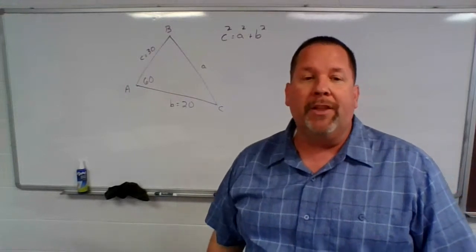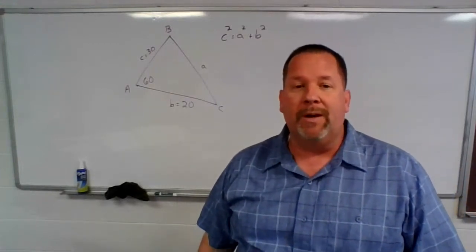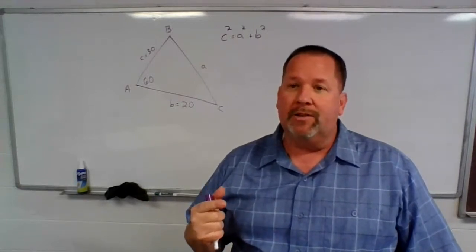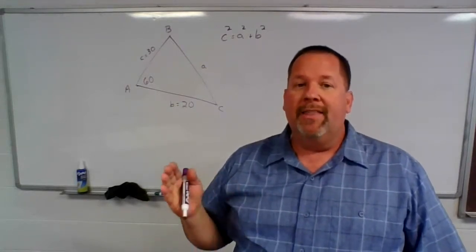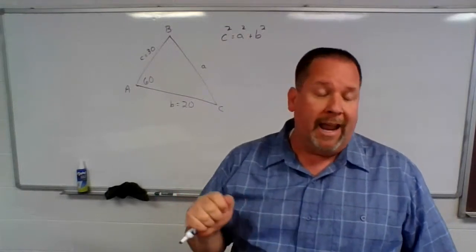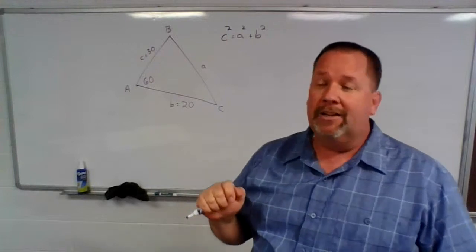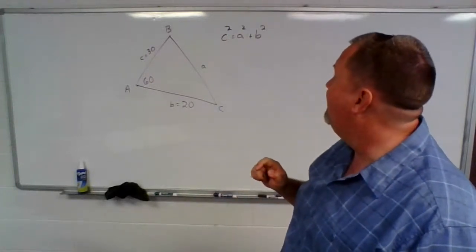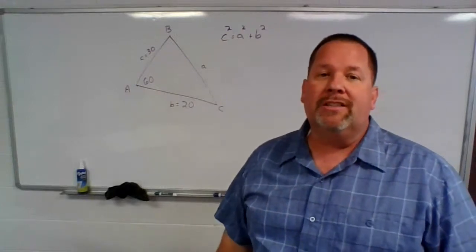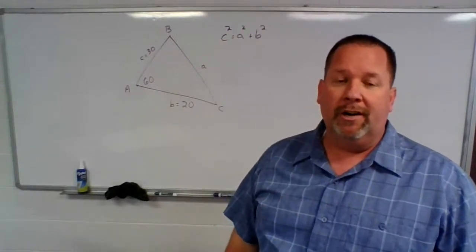And the great thing about the law of cosines is that the Pythagorean theorem we can only use for right triangles. So if we're not dealing with a right triangle, that's out of there. But the law of cosines will work for any triangle. And what it states is that this equation here is just a partial picture.